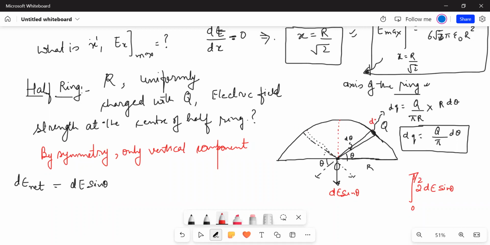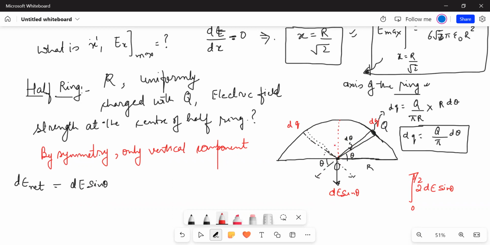If I am taking this dq, I'm considering another dq which is symmetrically placed to it. So that implies I'm taking this also, and in order to avoid duplication, I would only integrate from 0 to pi by 2.